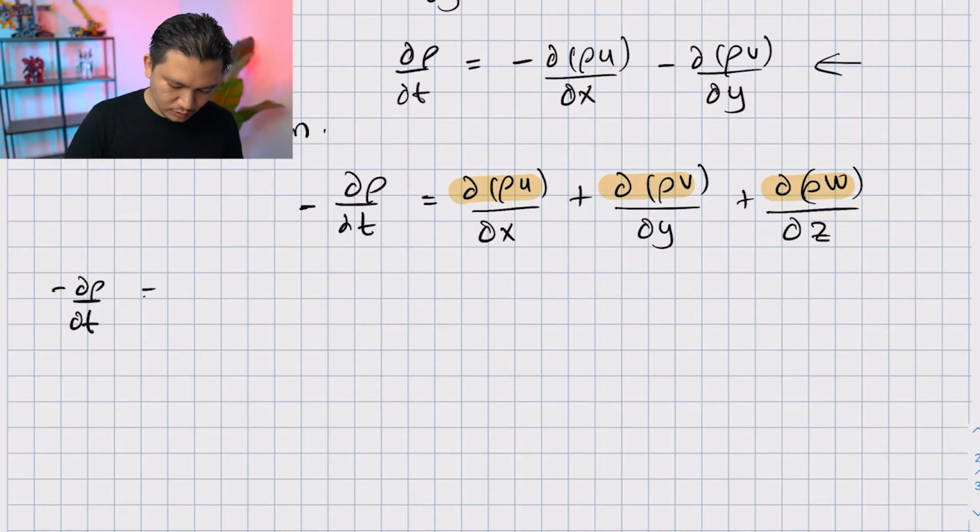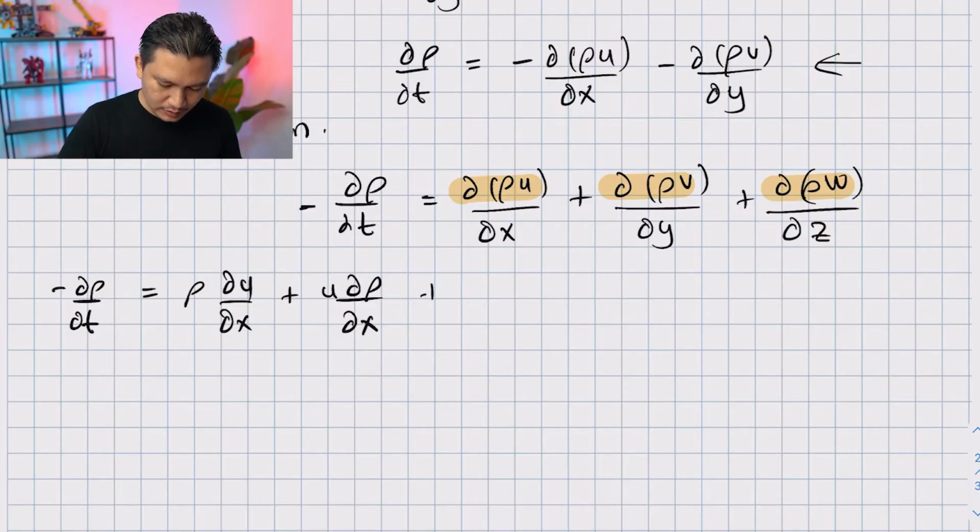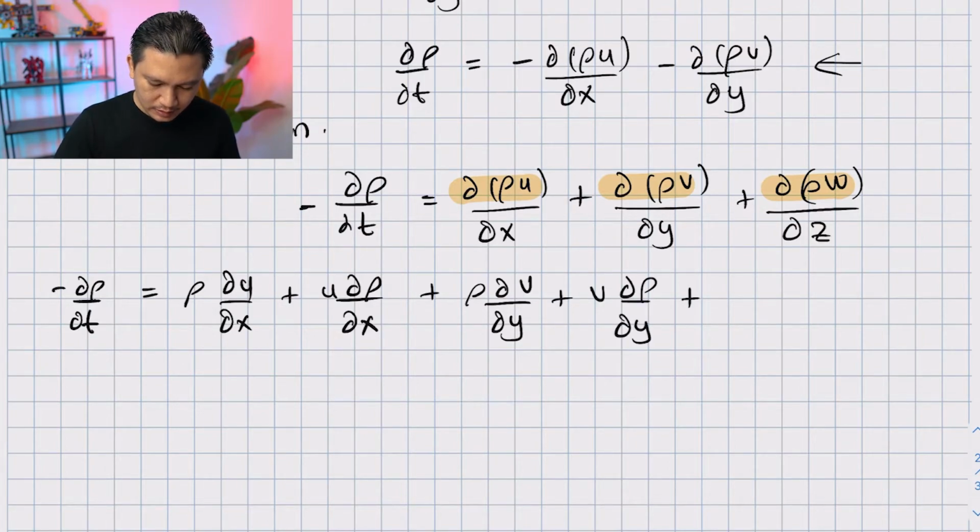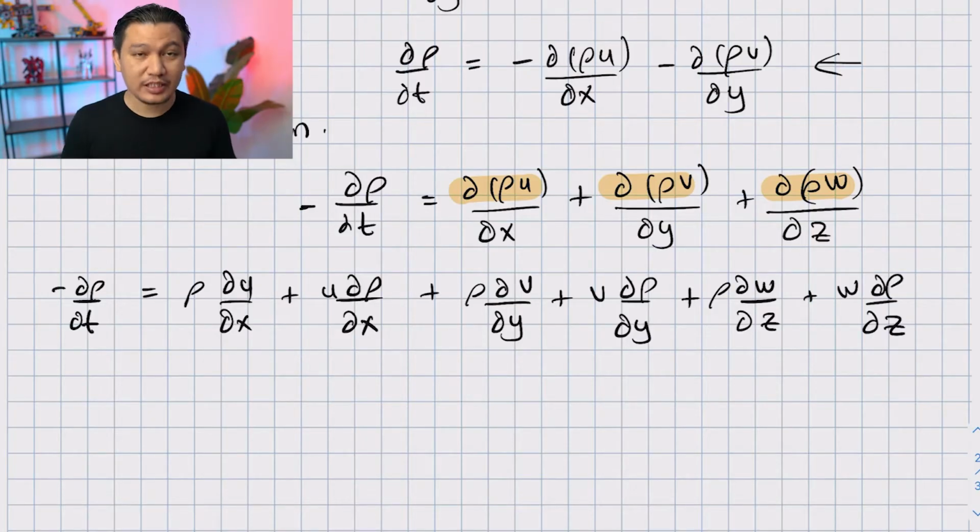Now let's write minus del rho over del t here. So this is equal to rho del u over del x plus u del rho over del x plus rho del v over del y plus v del rho over del y plus rho del w over del z plus w del rho over del z. We're just expanding the differentiation of the dot product.